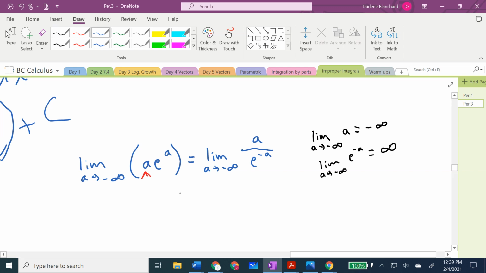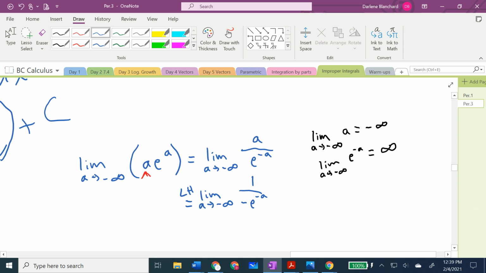So now I'm going to L'Hopital. Here we go. L'Hopital's rule says the variable is a, because that's the variable of the limit. Derivative of a is 1. Boom, done. In the denominator, you're taking the derivative of e to the negative a. You chain rule and you go e to the negative a, shove the baby in, multiply by its derivative, negative 1.